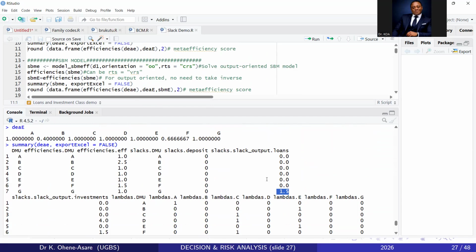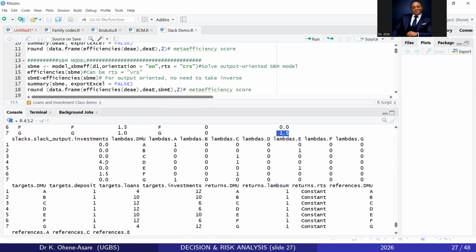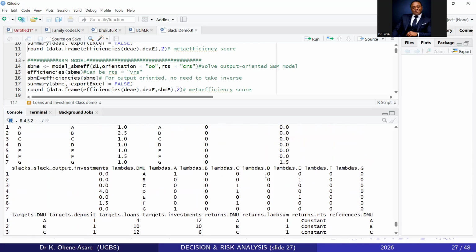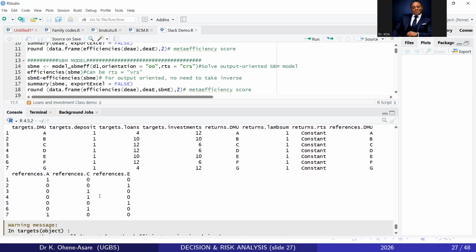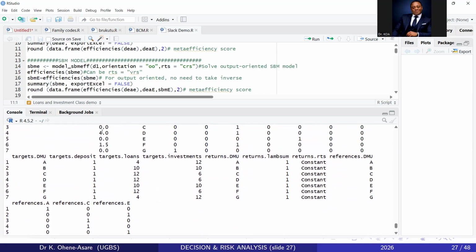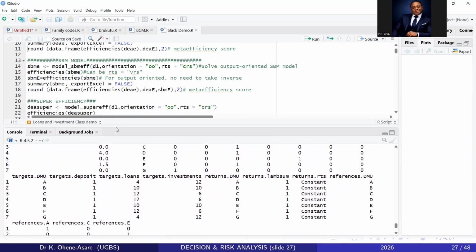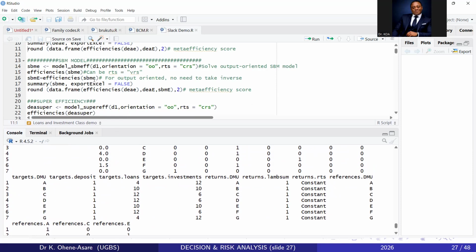The output for the investment, there are some investment slacks, and so many other things are here. The lambdas are here. That is those that were used as peers. The targets are also there. And then as you can see, the returns to scale is constant for all of the firms. And the references are also there. Like I said, you can export this and rearrange it. And I'll show that very soon.